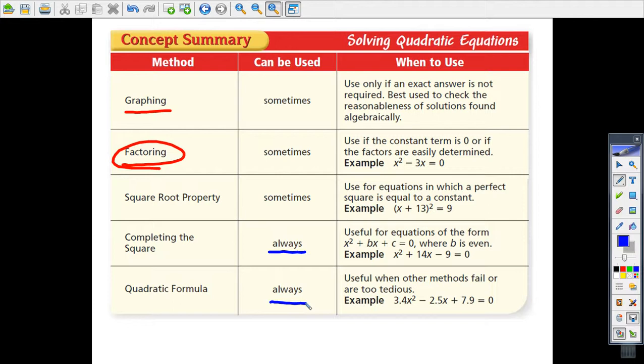The square root property, that's where you take the square root of both sides. That sometimes works. So these two work sometimes, factoring and the square root property. Look for those two first because they're so quick. If those don't work, then choose. Do I want to complete the square? Do I want to use the quadratic formula? Some people like the quadratic formula more than completing the square. Some people it's the other way around. It just depends on what you like better.